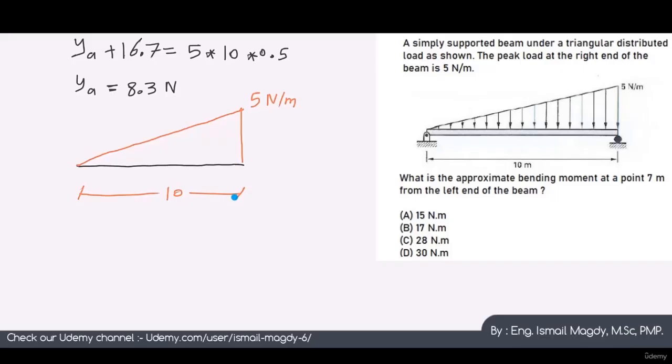We want now to calculate a distance of 7 meter, which is something here. So we need to calculate this value x, which is the load at the point of distance of 7 meter from here.